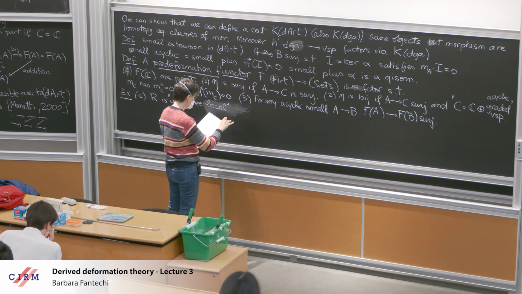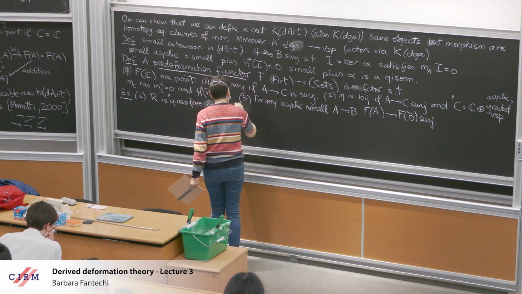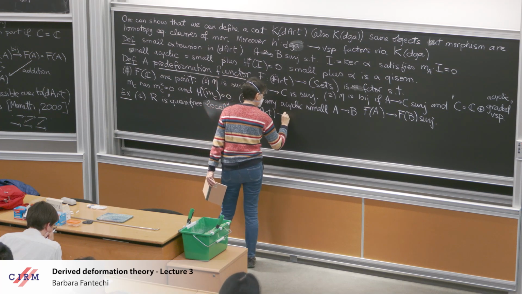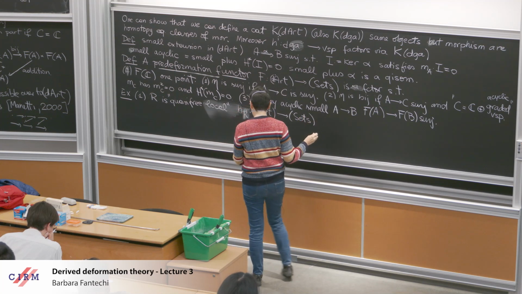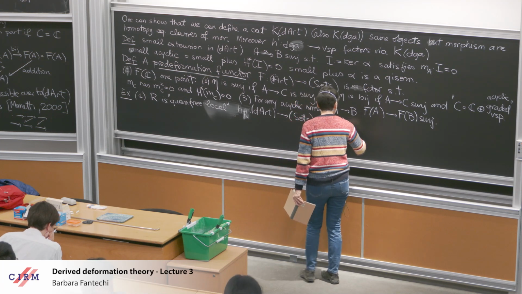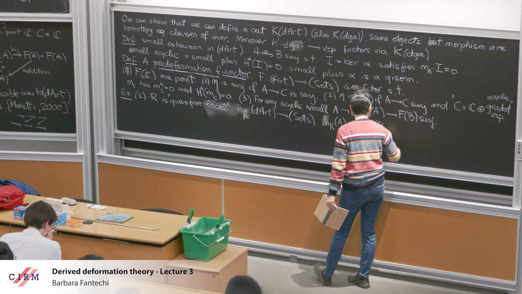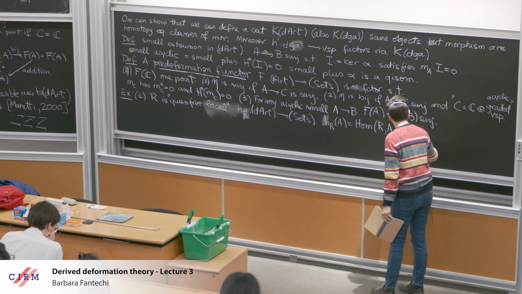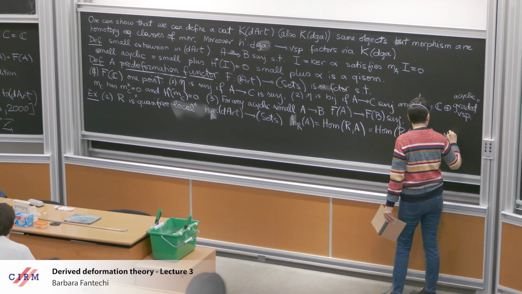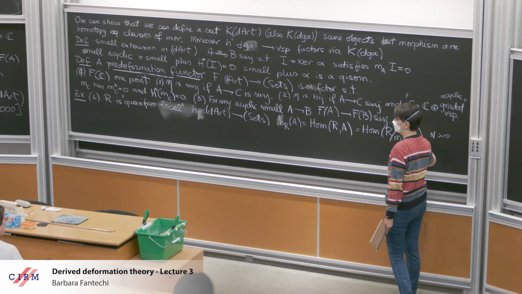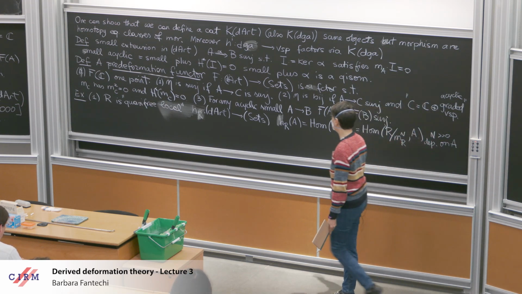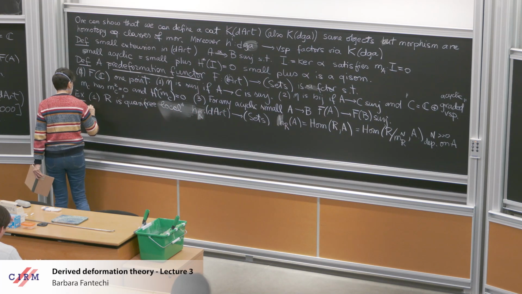And then what you have is that H_R from the art to sets, given by, just as before, H_R(A) is Hom(R, A), which, remember, is also equal to some quotient for n sufficiently big, but the n depends on the A. Just like in the non-derived case, this is a pre-deformation functor.